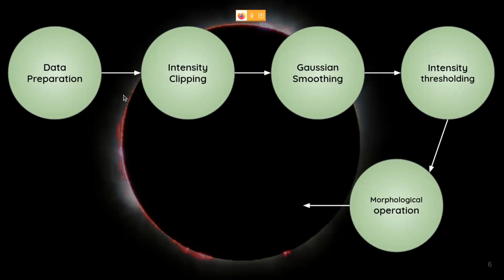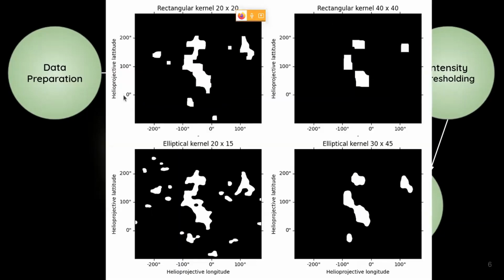For morphological operations, you can select different shapes of the kernel. We tried and tested different kernels. For a rectangular kernel of size 20 by 20, the shape of the plage is detected from the background, but you can see sharp features because the kernel is rectangular.